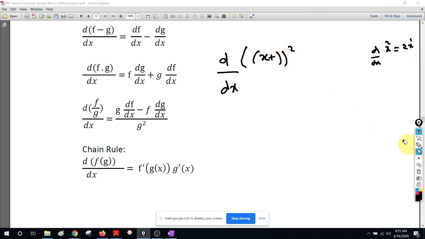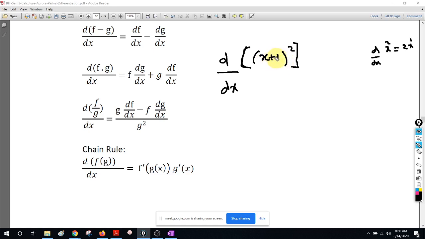So look closely. What I need is d by dx of (x plus 1) squared. Remember, that is what I need. I don't have a rule for this, but I have a rule for x to the power n, n x^(n minus 1). So you think of this x plus 1 as x.